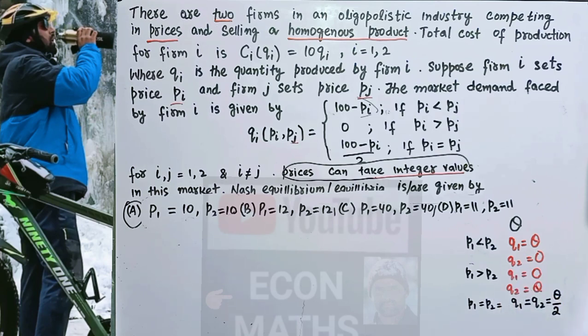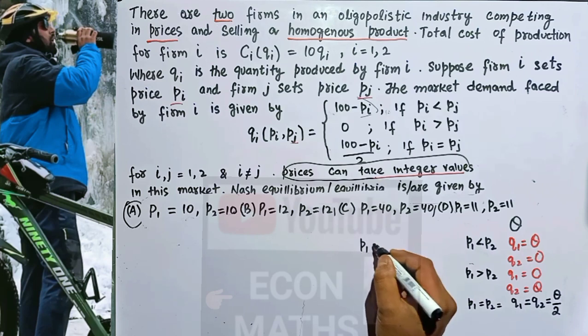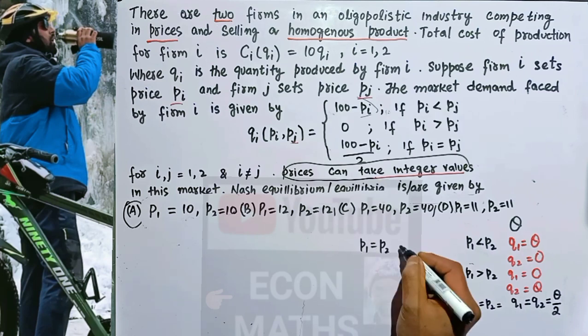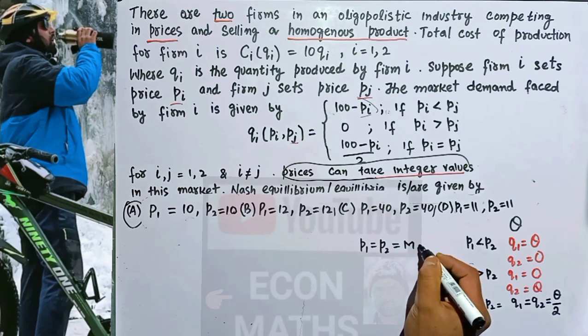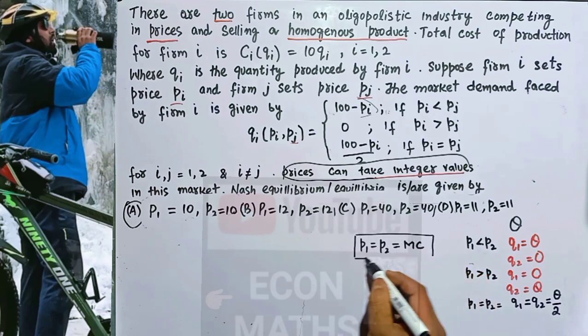One thing that is important here is that both the firms have the same marginal cost. If P1 is equal to P2 is equal to marginal cost, when both the firms set the same prices and their marginal costs are the same, in that case Nash equilibrium exists when both firms set the same price.